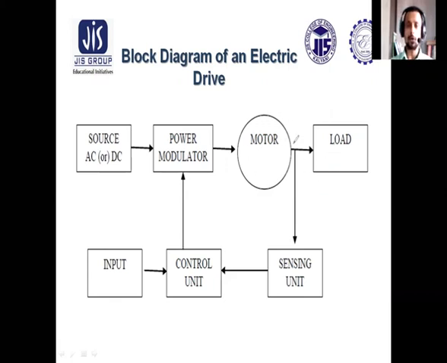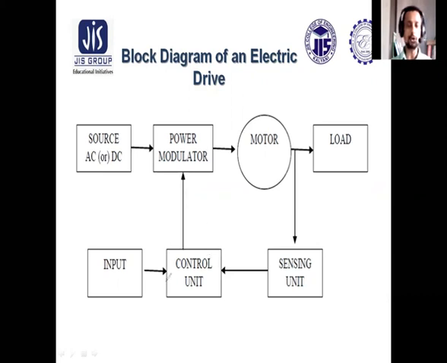Now, whether the motor is operating as we desire or not, to check that, a sensing unit is needed. This sensing unit will sense whether motor torque or motor speed or motor current is as per our requirement or not. Depending on the sensor's value, this sensing value will be sent to the control unit.